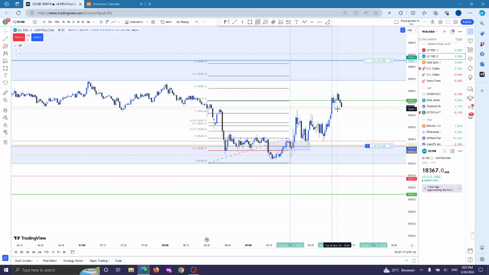You see some displacement taking here, another inducement after equilibrium. Up, external to internal, internal to external.